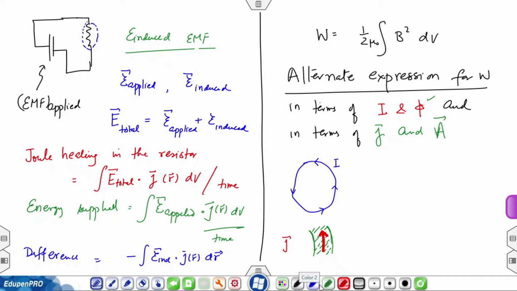Now, the rate of change of energy dW dt is equal to minus integral E induced dot j dV, where the volume now is going to be over this wire, which I can write as dV equal to, let me look at this thick portion again.